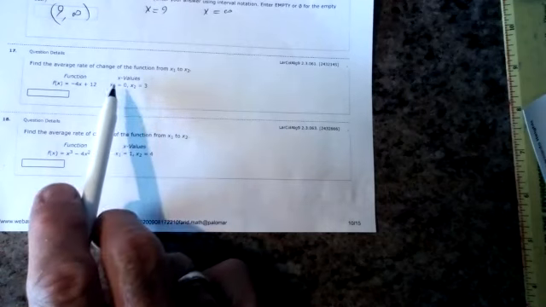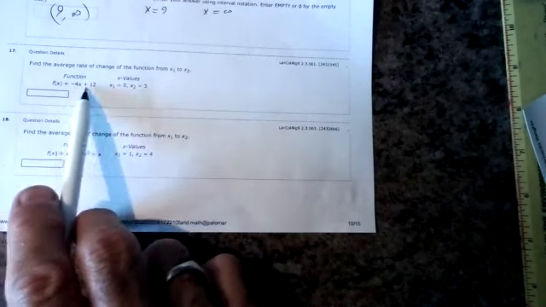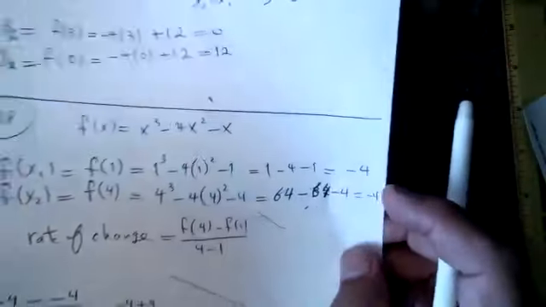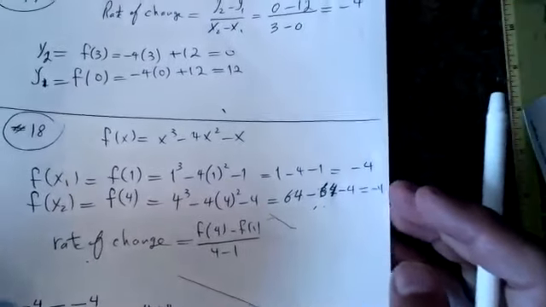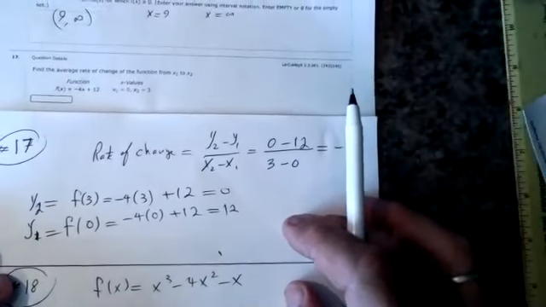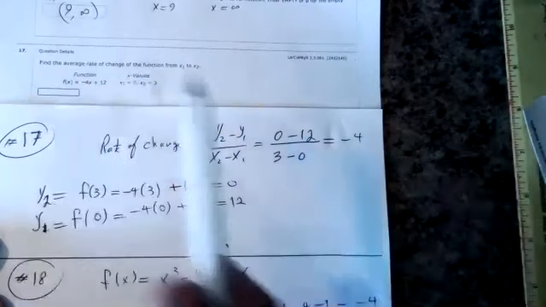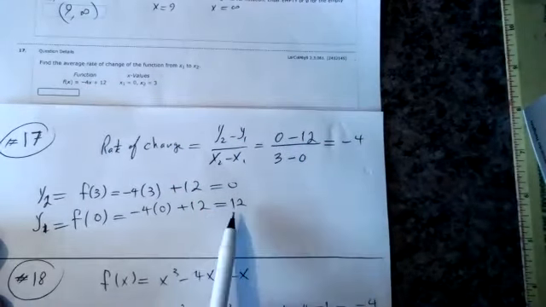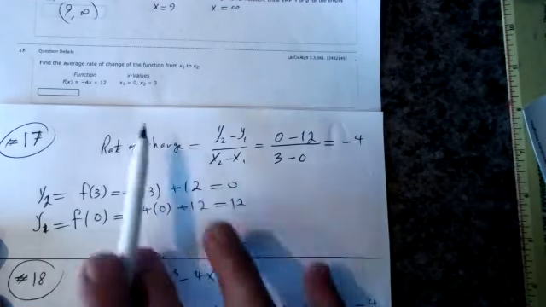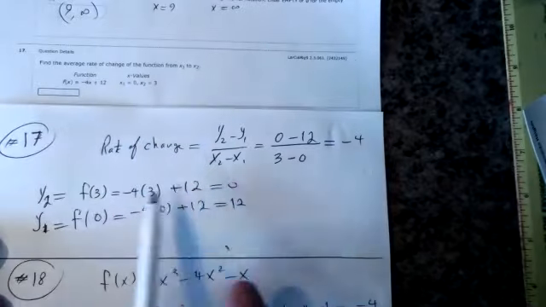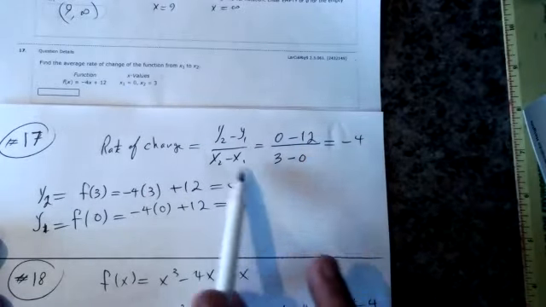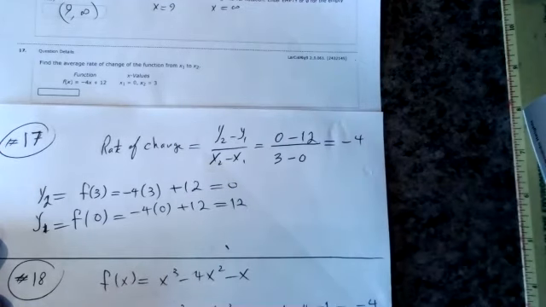This is the equation, and this is x1 and x2, right? So for you to find y1 and y2, you have to take each of these one by one and plug it into the equation to find your y. So we do that first. When I take 0 and substitute here, y is 12. And then if you take the other one, 3, and substitute for x, it is 0. Then you put it in the equation for slope. That would be -4. So again, rate of the change, in fact, is the slope.